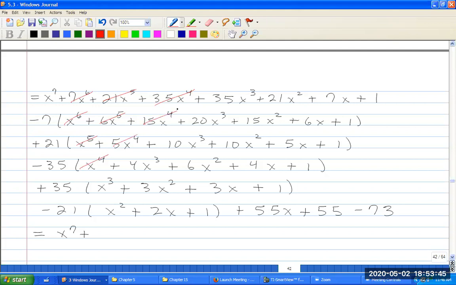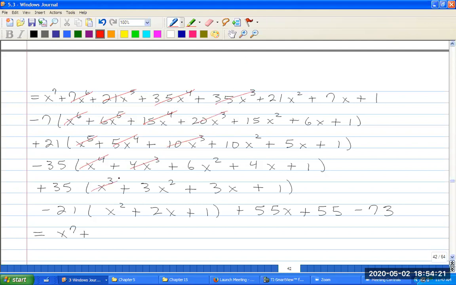So those cancel. Now let's look at the cubes. I got a 35 and a 35, that's 70. And I have a 70 and a 280 minus 140 is 140 minus 140. These all cancel.